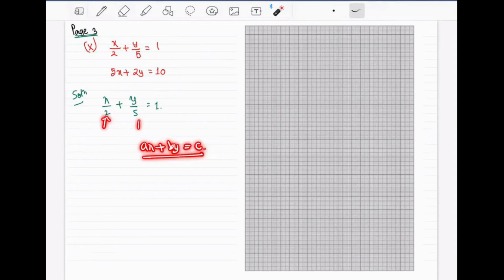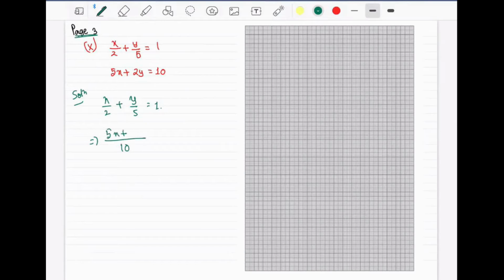Here we have two constants as denominators, right? We don't want this. So better if we add them by taking the LCM of the denominators. 2 fives are 10, cross multiply. We have got 5x plus twice y. 2 and 5 multiplied, we have got 10. x and 5 is 5x. 2 and y is twice y, is equal to 1.